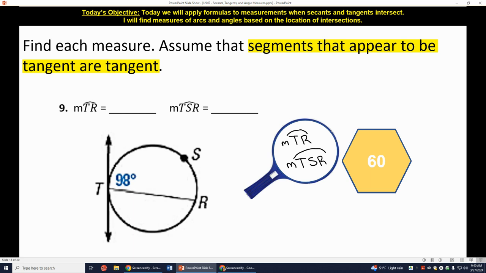One minute remaining. Thirty seconds. Ten seconds.